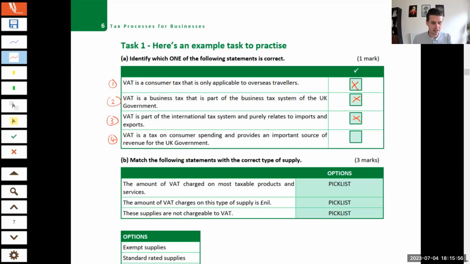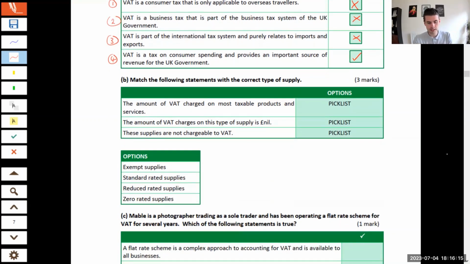VAT is a tax on consumer spending and provides an important source of revenue for the UK government. Well, yes, it is a consumer tax and it is a very important source of revenue for the government. It fits the bill. We give it a tick. We get the mark. First one, nice and easy. Let's tick it off.